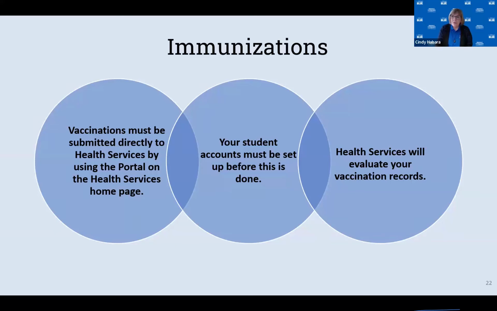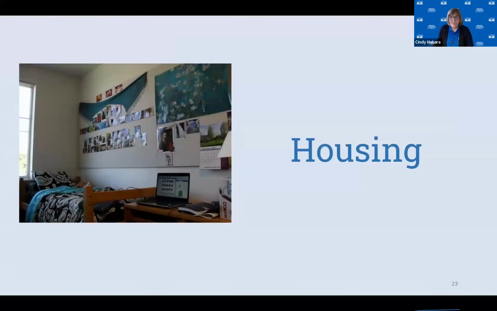They're going to tell you, okay, you're good for MMR, but we need one more varicella. Or they might say, according to Tennessee law, you have to take these vaccinations after a certain age. You took them before this age, and so we need a booster from you. They will put all of this information in the portal. Again, our office is not involved. You must talk and deal directly with Health Services regarding your immunizations.